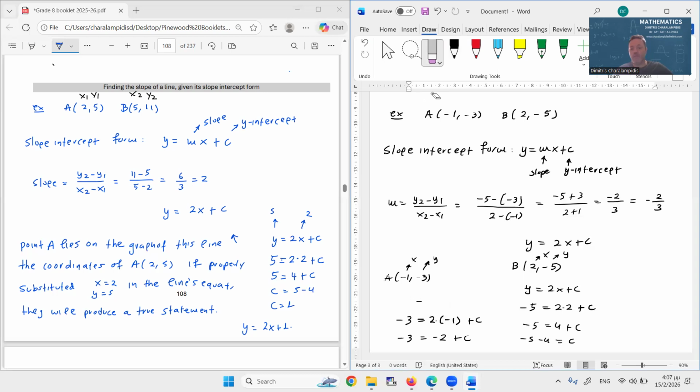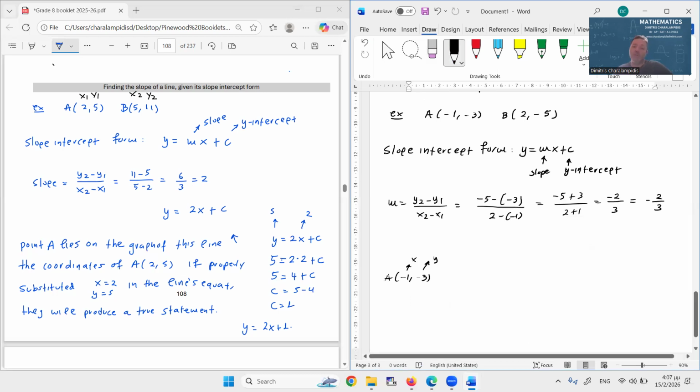Let me rewrite them then. It's okay. It's a good thing that we saw that in action because this shows how careful you should be while working. The slope is -2/3, and then it's the point 2, -5.